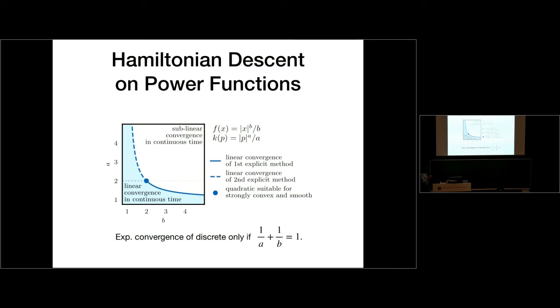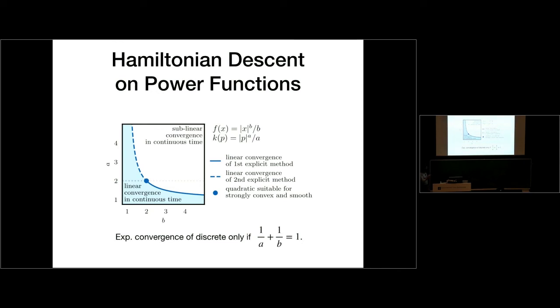So what we show is that our first explicit method converges exponentially fast in the region where B is bigger than or equal to 2, so long as A is chosen to satisfy this equality.